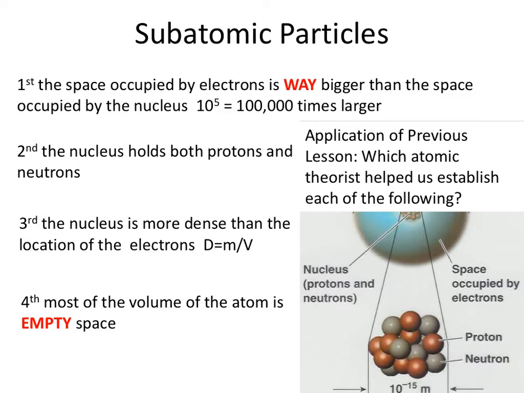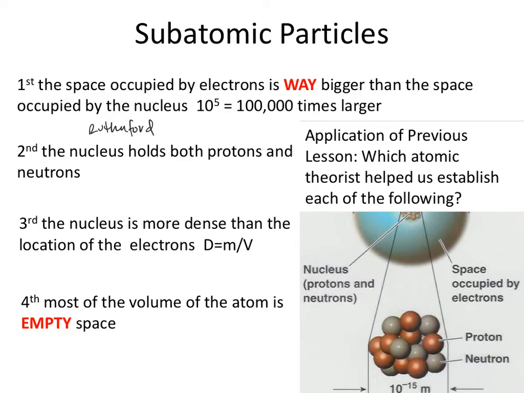If we apply our concepts from last unit, which theorist helped us conclude this idea? We would say Rutherford. The reason is that when he did his gold foil experiments, most of the alpha particles passed through the sheet of gold and subsequently the atoms in that sheet of gold.